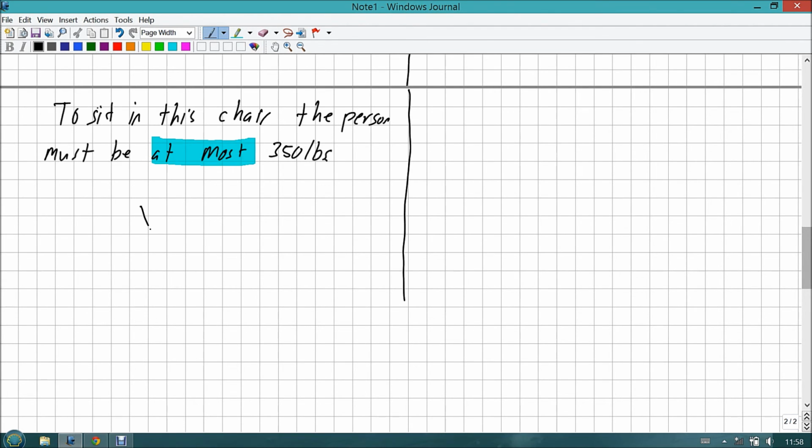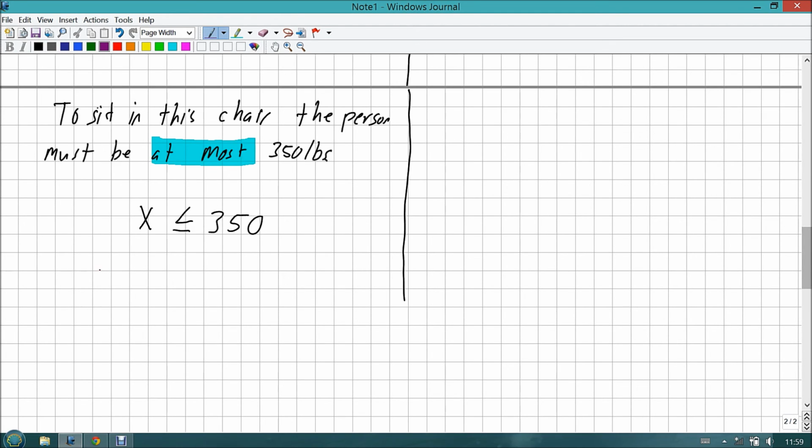So if I have a person and they want to sit in this chair, what must they be? Well, it says at most 350 pounds. So as long as they are less than 350 pounds, we're okay. And with the at most, you can say that's going to be equal to as well. So we're going to say x is less than or equal to 350 pounds.